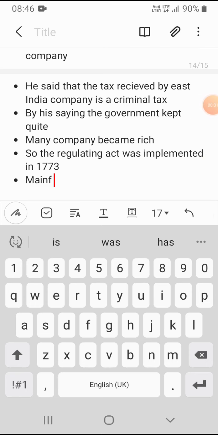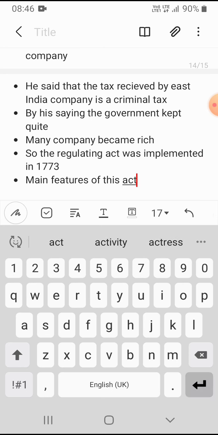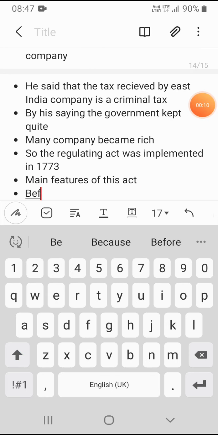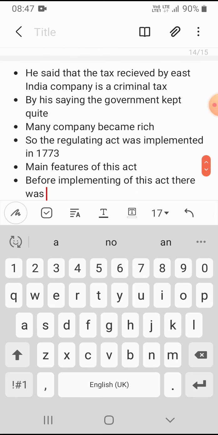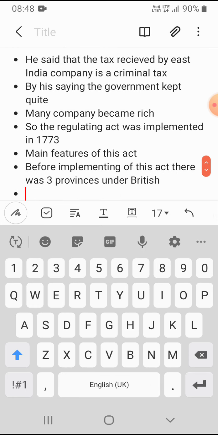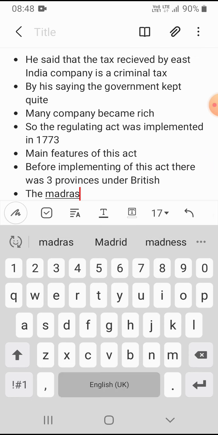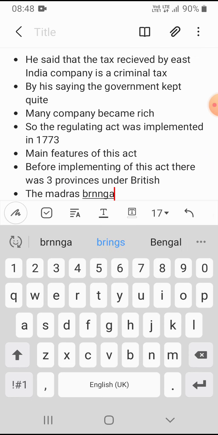The main features of this act are: before implementation of this act, there were 3 provinces under the British. They are Madras, Bengal, and Bombay.